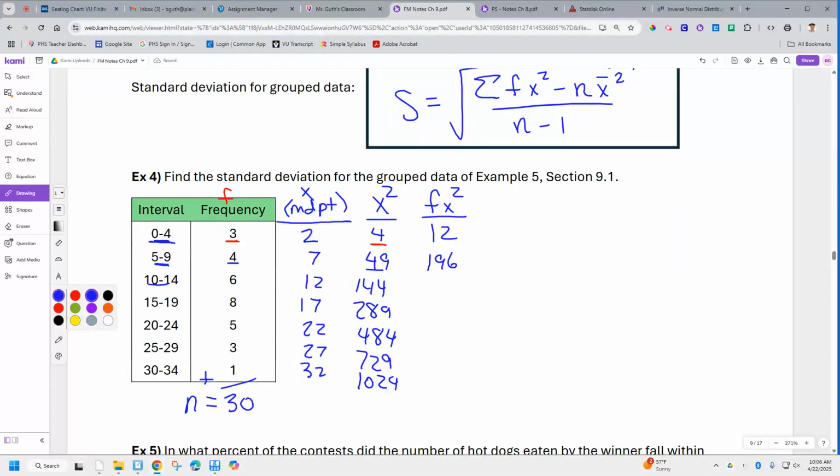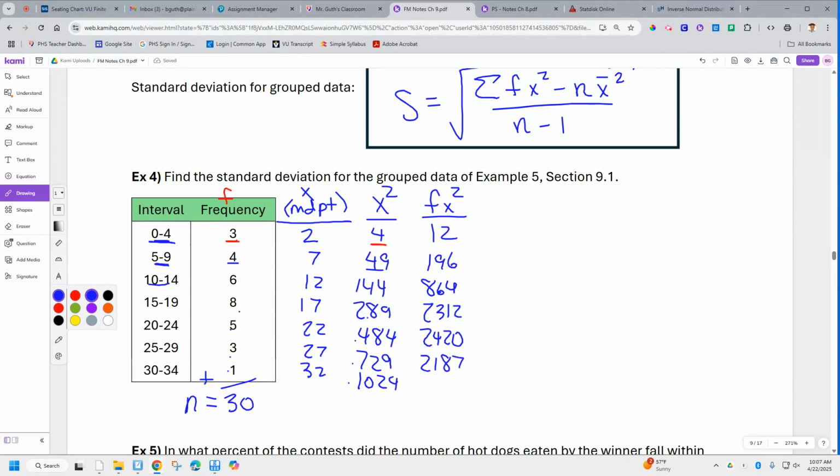Six times 144 is 864. 8 times 289 is 2312. 5 times 484 is 2420. 3 times 729 is 2187.